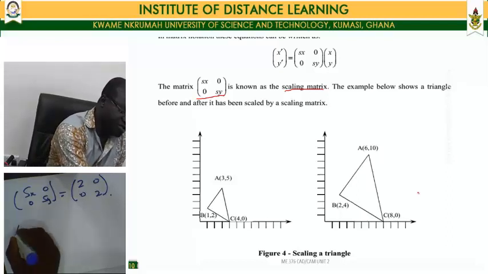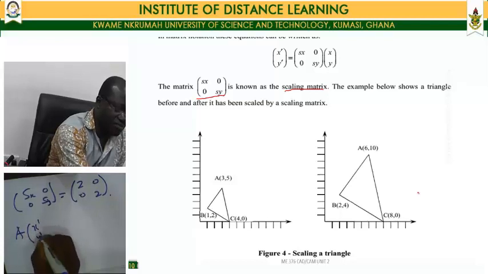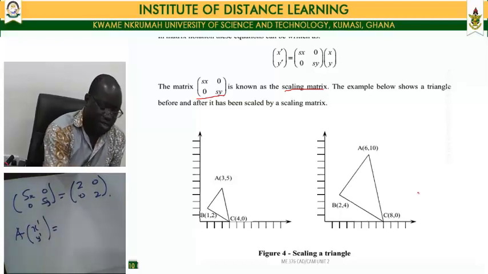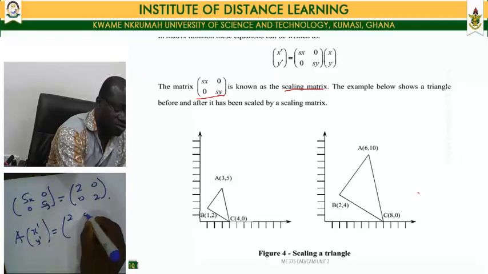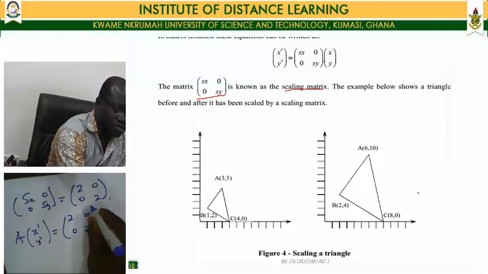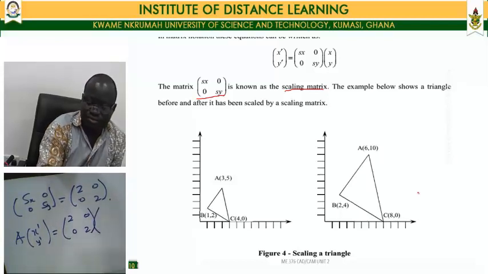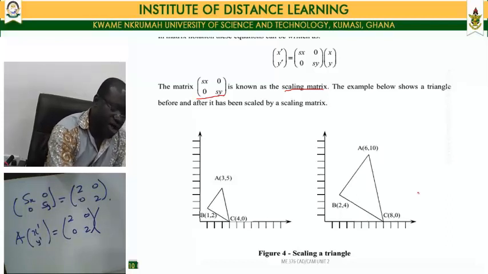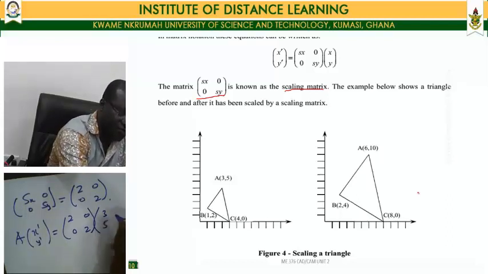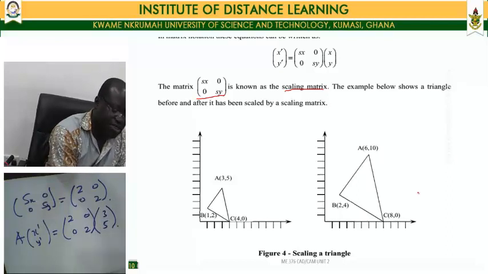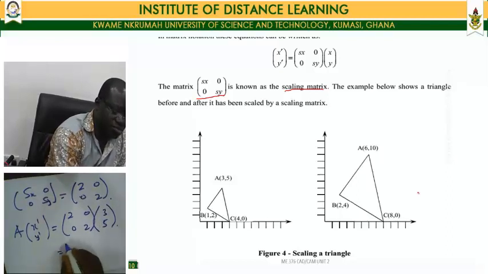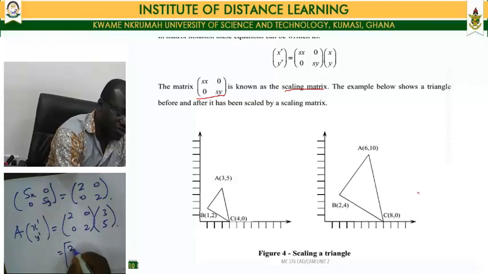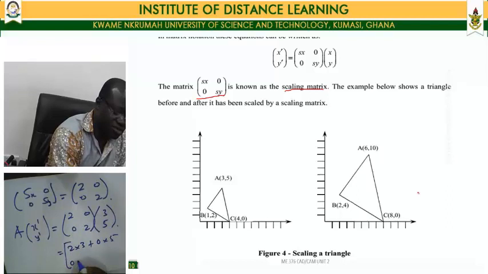So the new A position, which we define by x prime, y prime, is simply this 2, 0, 0, 2 matrix times x, y, which is 3, 5. And that basically gives you 2 times 3 plus 0 times 5, and then 0 times 3 plus 2 times 5.